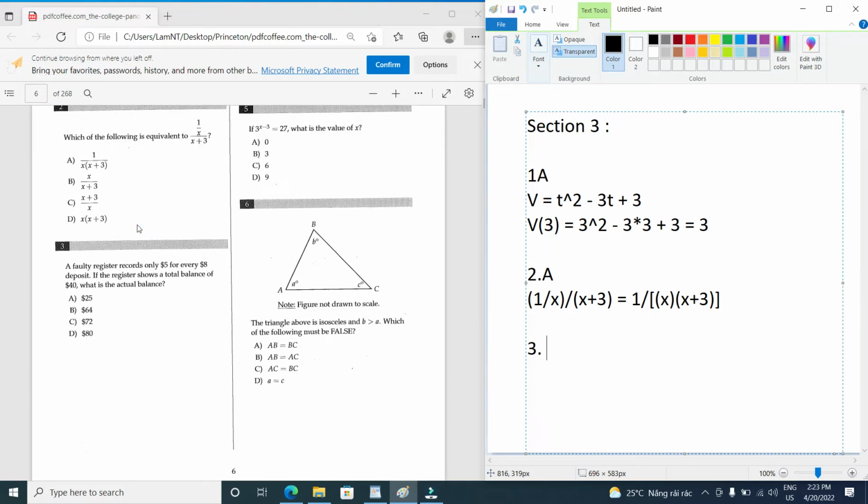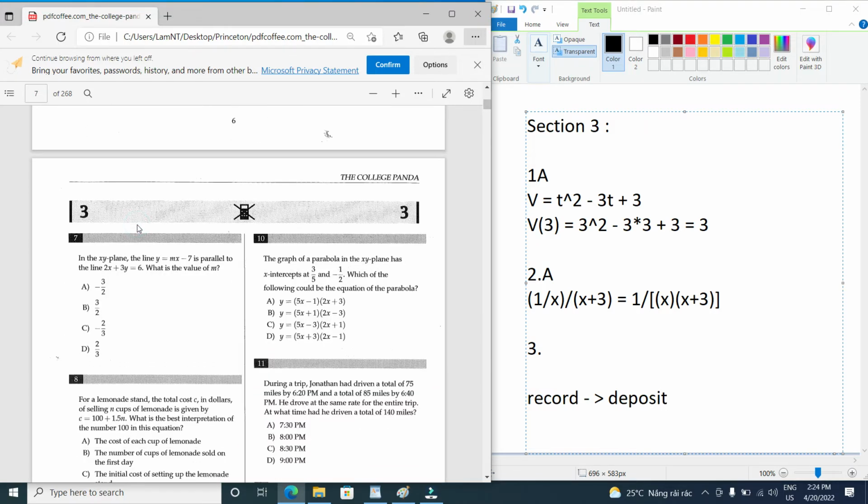So number 3: a register records only $5 for every $8 deposited. If the register shows a total balance of $40, what is the actual balance? Okay, so for each $5 record, the deposit is 8, right?